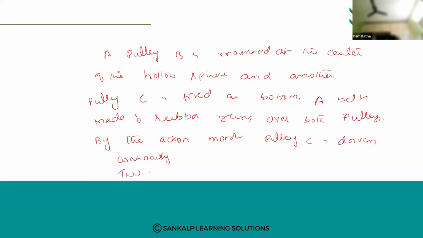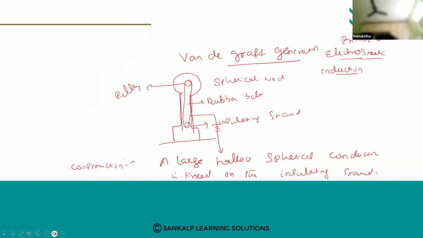Two metallic conductors E and D are there. We have to write metallic conductors E and D. This one here is E, and this one is D. The other one has a comb shape.